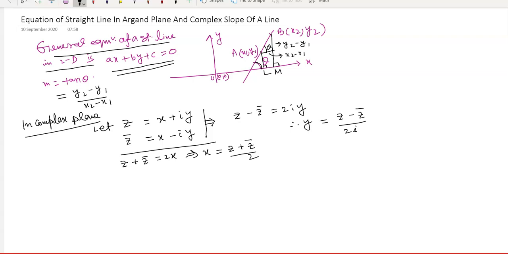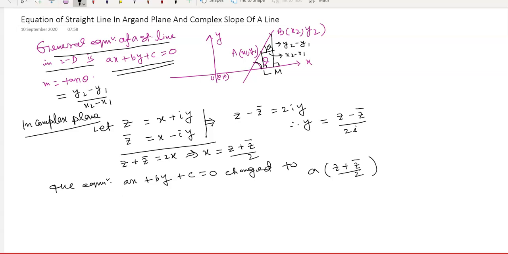So the equation ax plus by plus c equal to 0 will change to a into (z plus z bar) by 2, plus b into (z minus z bar) by 2i, plus c equal to 0.